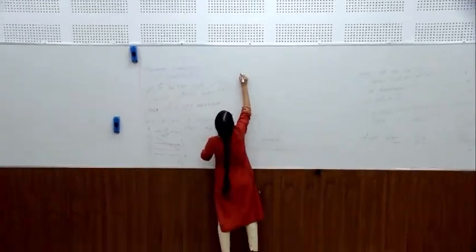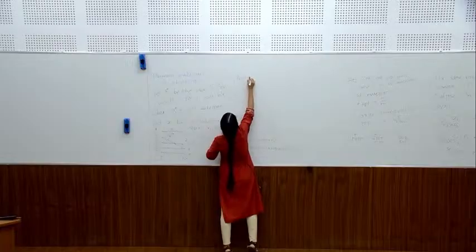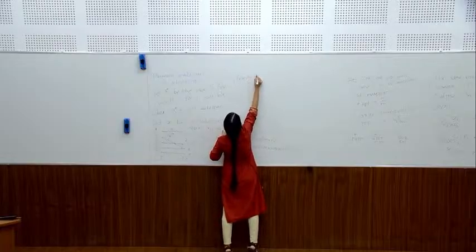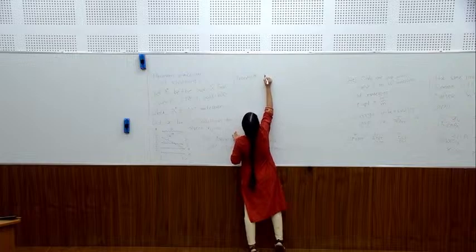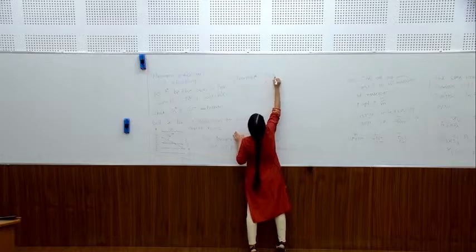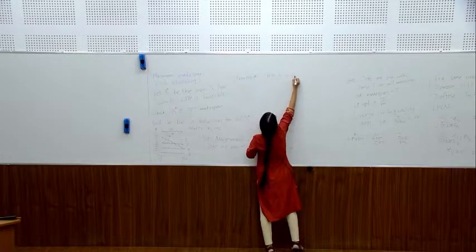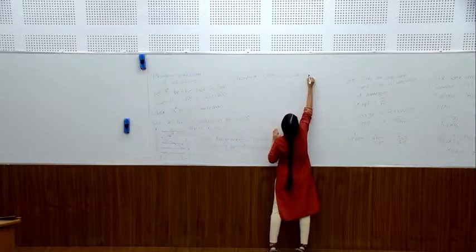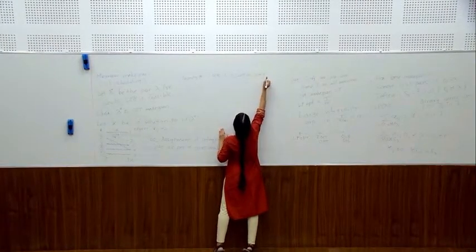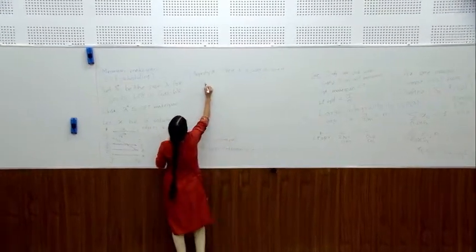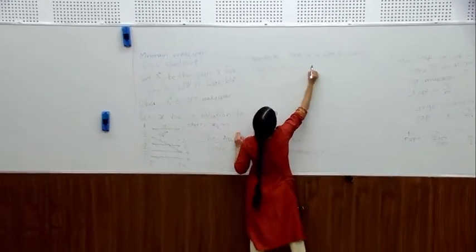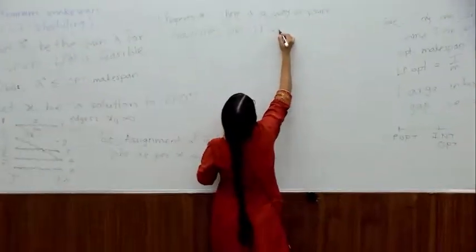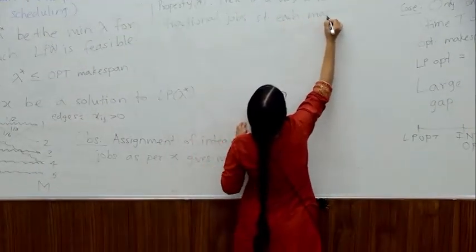Let me call this property star. It says that there is a way to round fractional jobs such that each machine gets at most one such job.